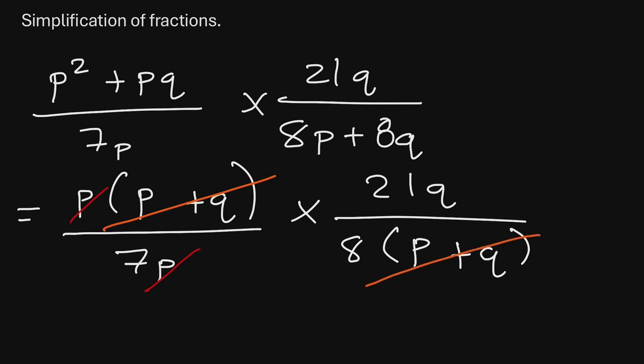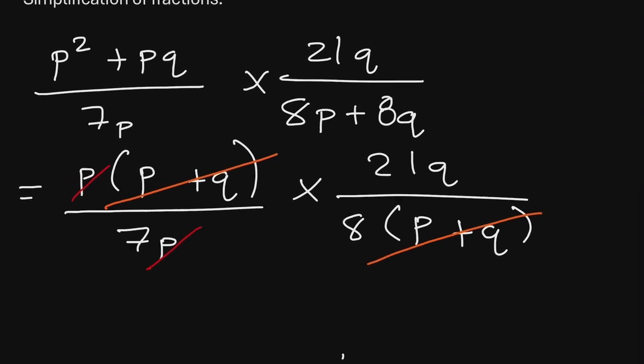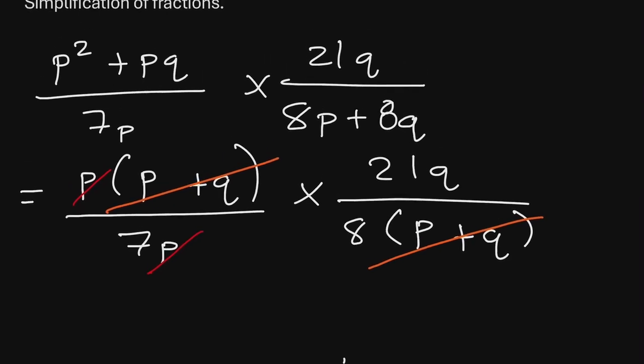So now after you cancel out, you say what is at the top multiplies with what is at the top, and what is at the bottom multiplies with what is at the bottom, because that is multiplication of fractions. Now if everything cancels out, what we are left with is just 1.